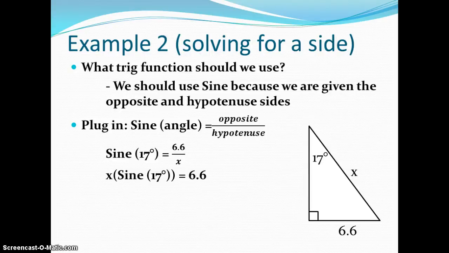So we get rid of that x on the denominator on the right. So we'll have x times the sine of 17 degrees equals 6.6. And then to get x by itself on the left, we're going to divide by the sine of 17 degrees on both sides. So we'll have x equals 6.6 divided by the sine of 17 degrees. This is when you plug it into your calculator. So your x is going to be 22.6.